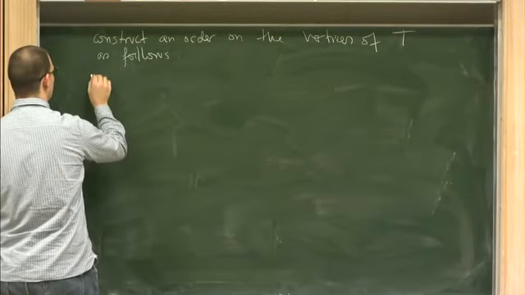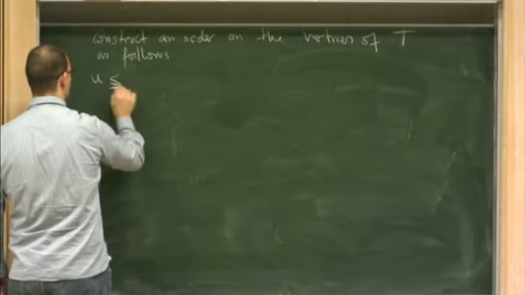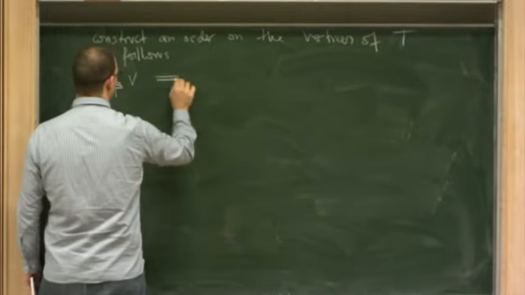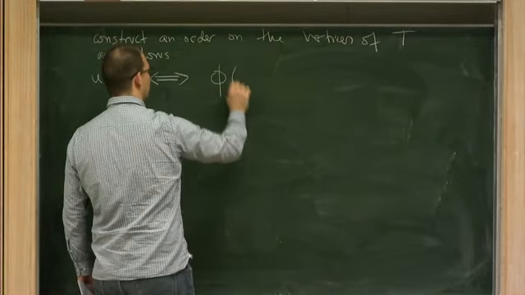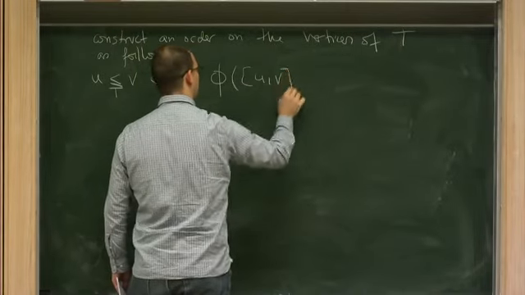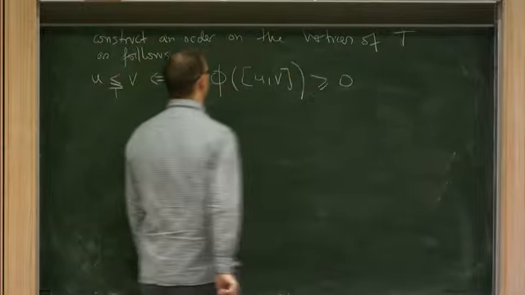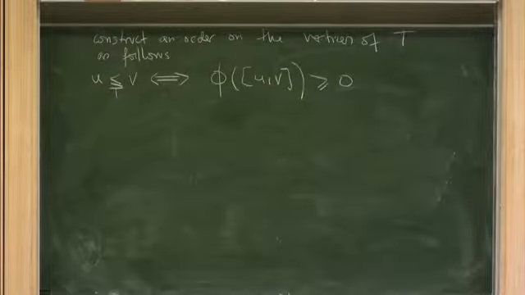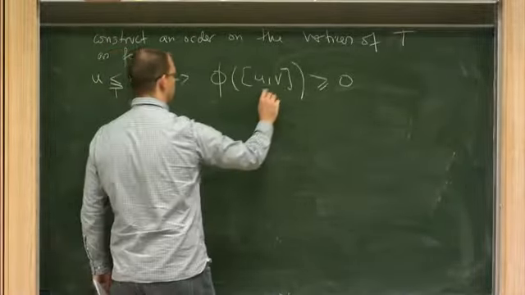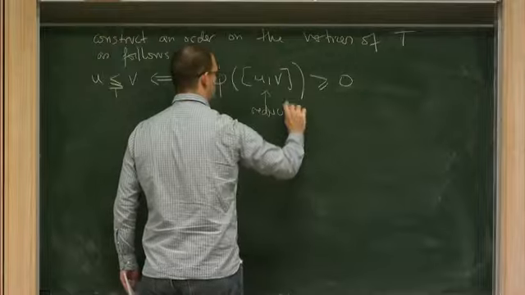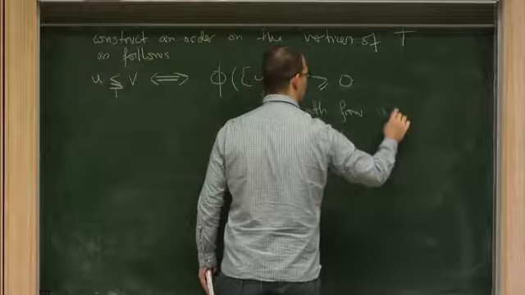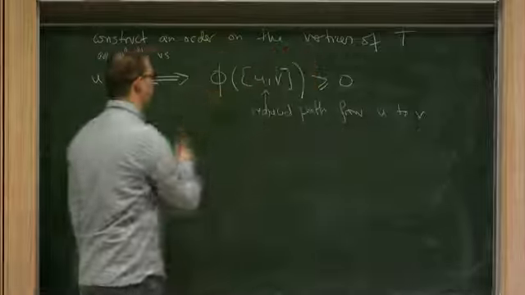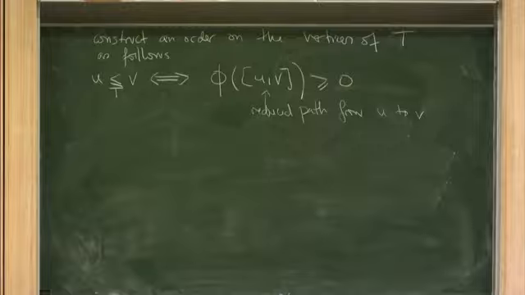So I'm going to say that u is less than v in the tree if and only if, okay, so this is the reduced path from u to v, and this is a function. So I need to tell you what the function is.